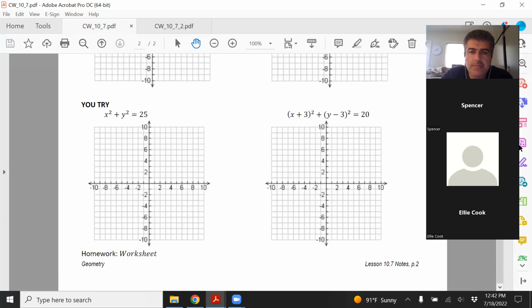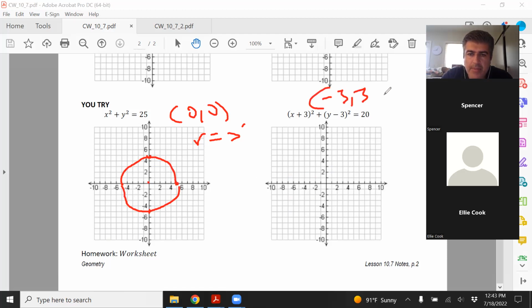Okay. So again, the center here is going to be at 0, 0. If you don't see an h and k, the radius is 5. We'll do it freehand, not as good as using the circle tool here. Here, your center is going to be negative 3, 3. You do the opposite of the sign you see here, because for x plus 3, you remember the formula is x minus h, so you need x minus negative 3 to make it a positive 3.